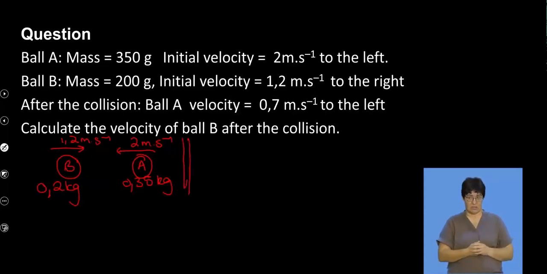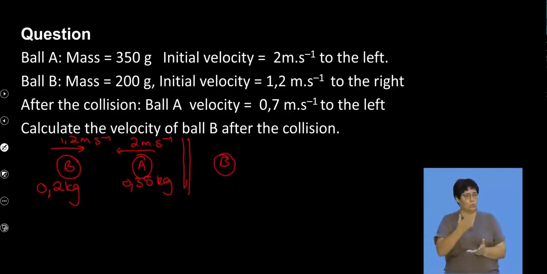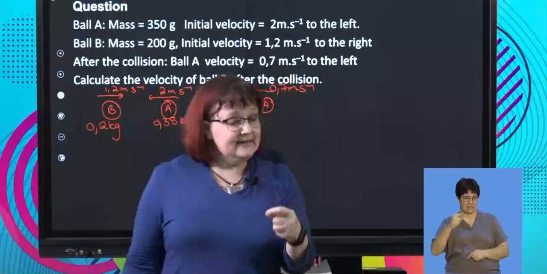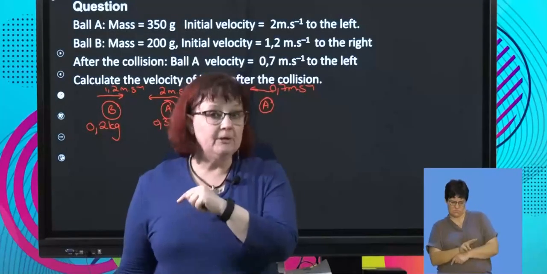Then the collision happens. You see, it's very exciting. It's 2 lines. Afterwards, we don't know what happens to B, okay? So I'm going to leave it. That's what I'm looking for. They tell me, though, that ball A continues in the same direction. I now look at this and go, logically, ball B should be going to the left.